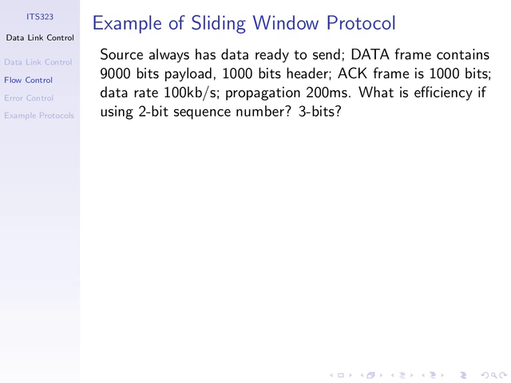It should be no larger than 3. And in general, with a k-bit sequence number, the maximum window size is 2 to the k minus 1. 4 minus 1 is the maximum window size we should use.